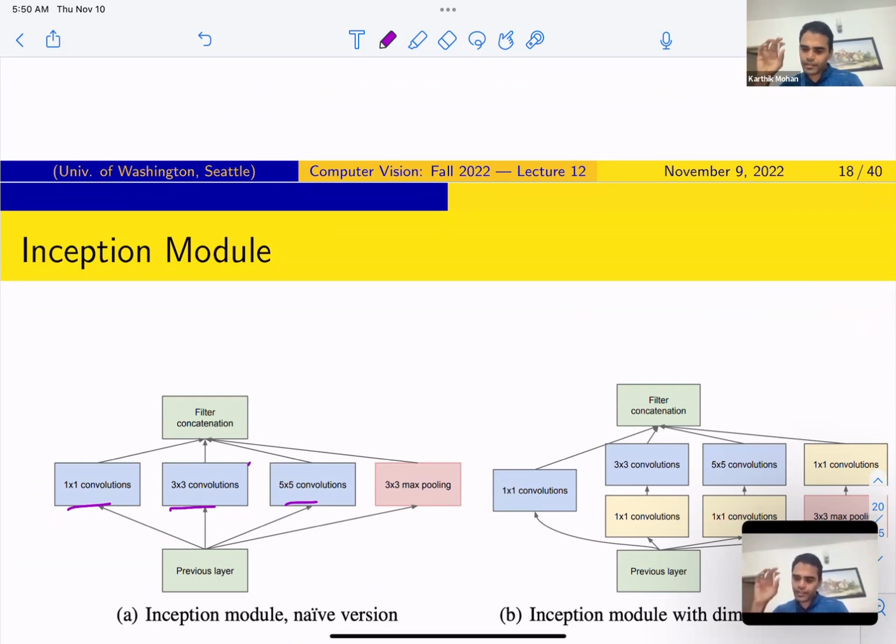You can look at a 5 by 5 convolution as looking at a broader portion of the image than a 1 by 1 convolution, which is just looking at one pixel. So you're essentially changing the resolution of the window at which you convolve and allow the model to pick up different pieces of information from these different convolutions as it sees fit. So that's the key innovation with the Inception module.